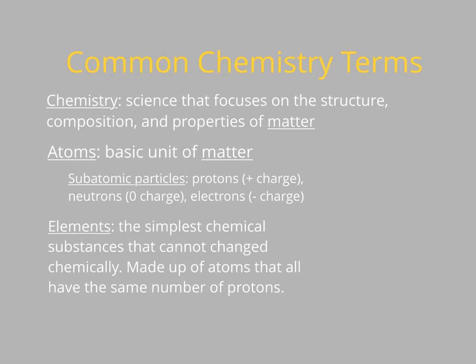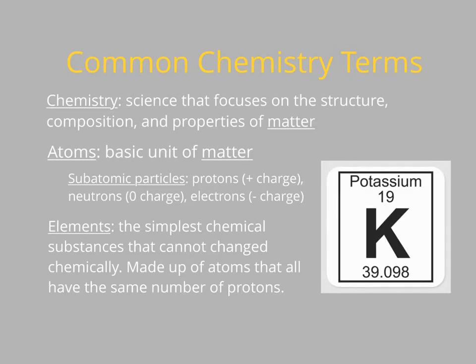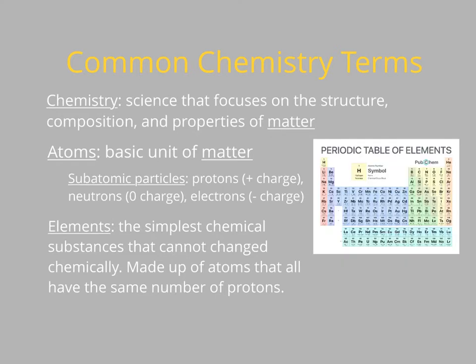So, for example, all atoms of the element carbon have 6 protons, whereas all atoms of the element potassium have 19 protons. So the periodic table of elements shows us all elements that are currently known to man, as well as a few that have been theorized to exist but haven't yet been discovered either in nature or been manufactured in a lab.